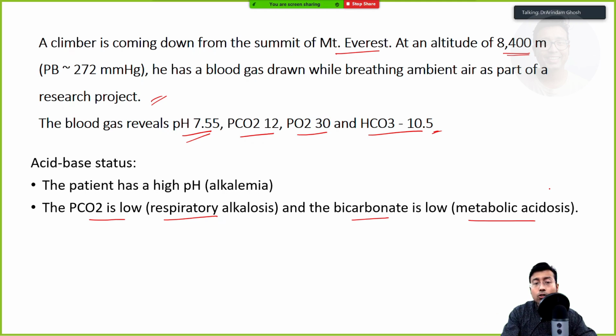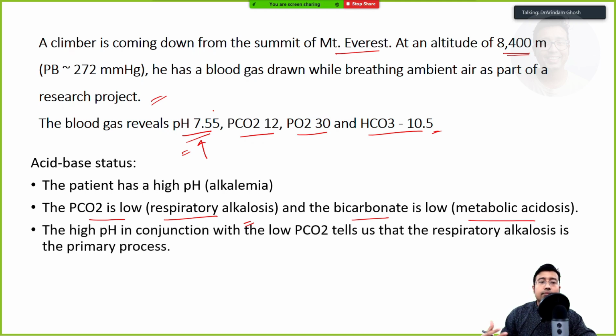Okay, so over here, who is contributing likely to the change in pH? Definitely it is alkalosis, because there is alkalosis in the system. Okay, so the high value of pH in conjunction with low PCO2, we always told you pH and PCO2 go in opposite direction. Okay, that tells us this is a case of respiratory alkalosis. That is the primary one.